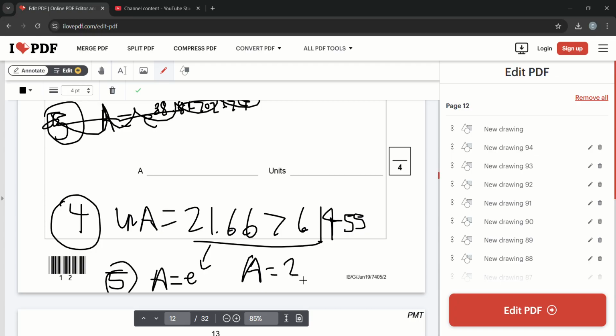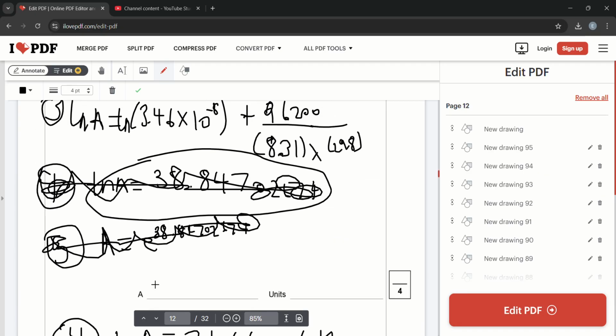But I'm going to put it in standard form: 2.57 times 10 to the power 9.